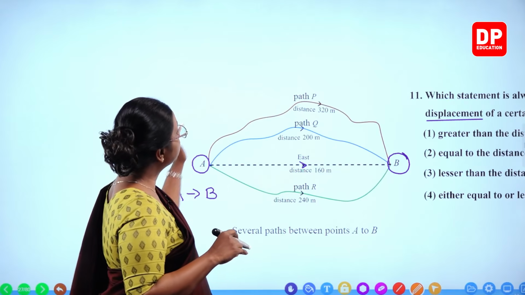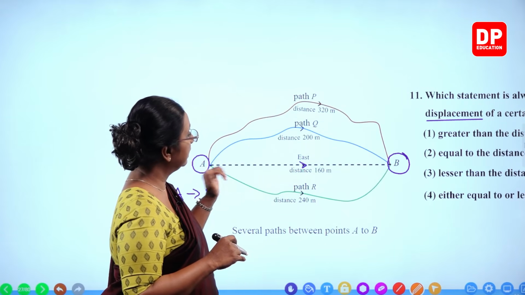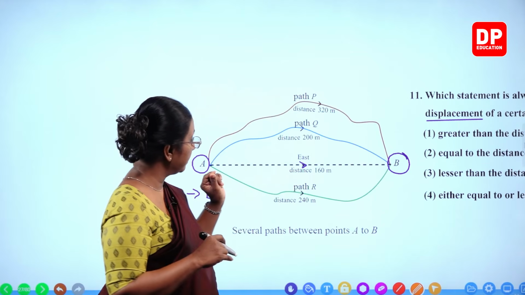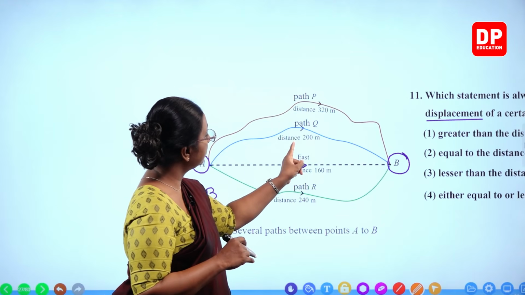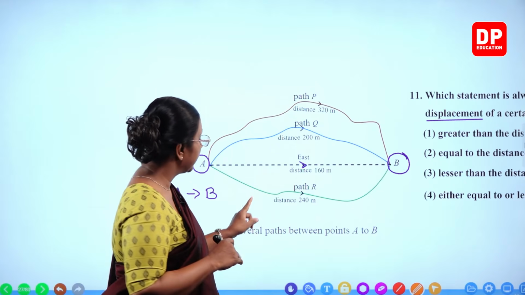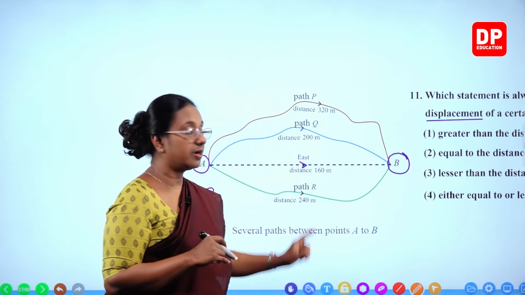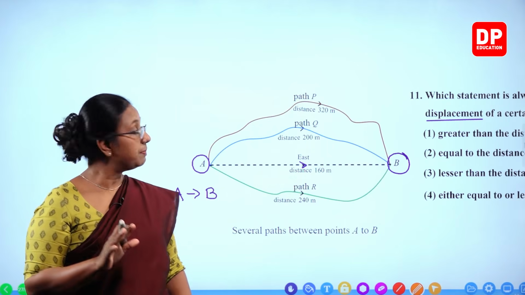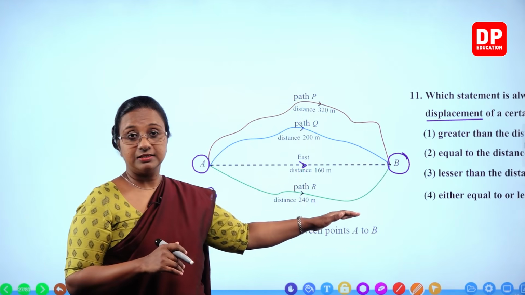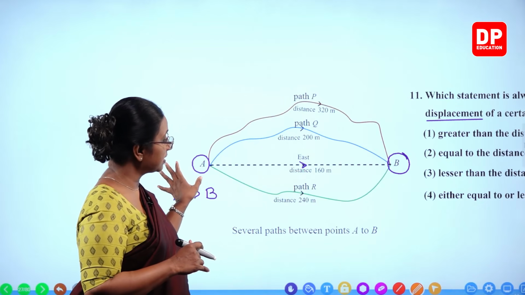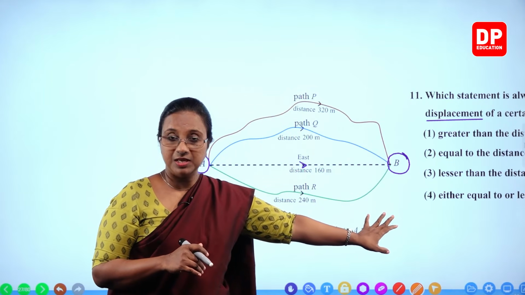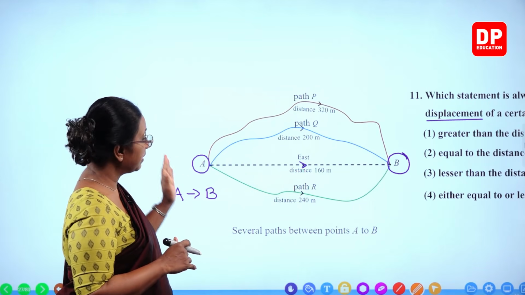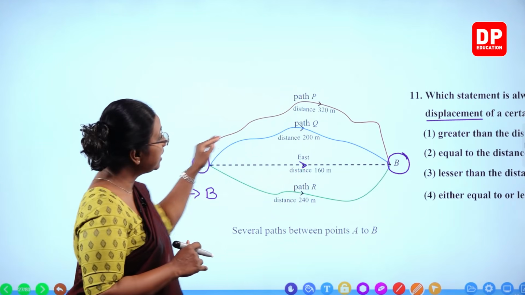If the object travels path P, it will travel a distance of 320 meters. If it is path Q, 200 meters. If it is path R, 240 meters. So the distance depends on the path taken. But the initial position is A and the final position is B, so for any person or object traveling from A to B, the distance will vary depending on the path.